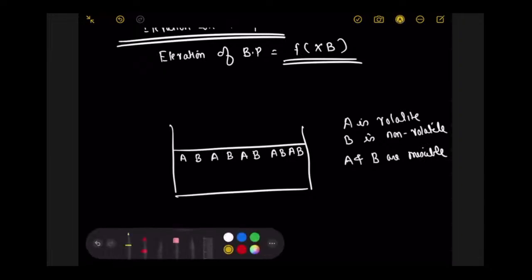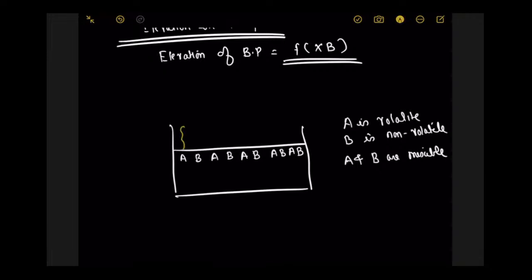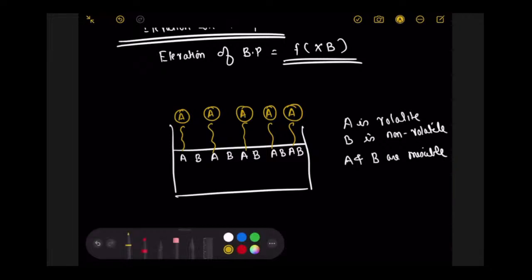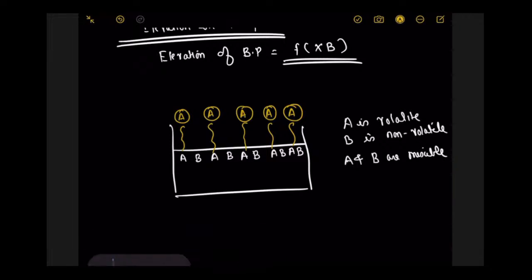So when you are heating the surface, A will go up, A will take part in the vaporization. So how many molecules are moving up? 50%. I'm considering it as an ideal condition, because B will not go. B will take energy, but it will not take part in the vaporization.